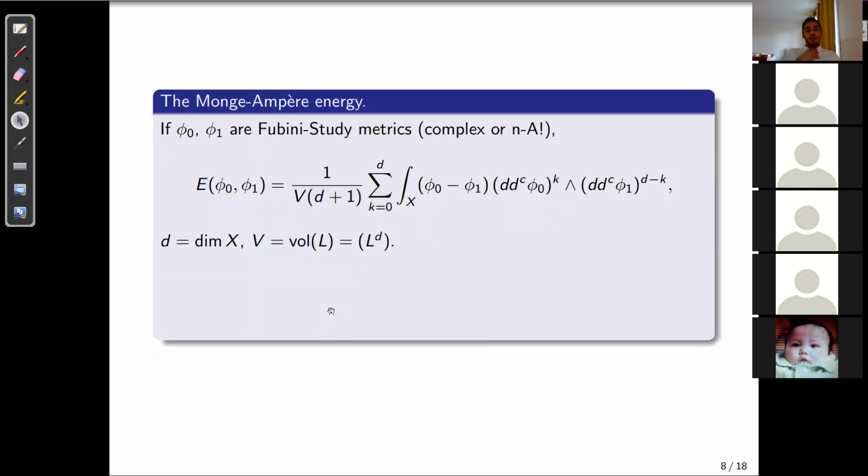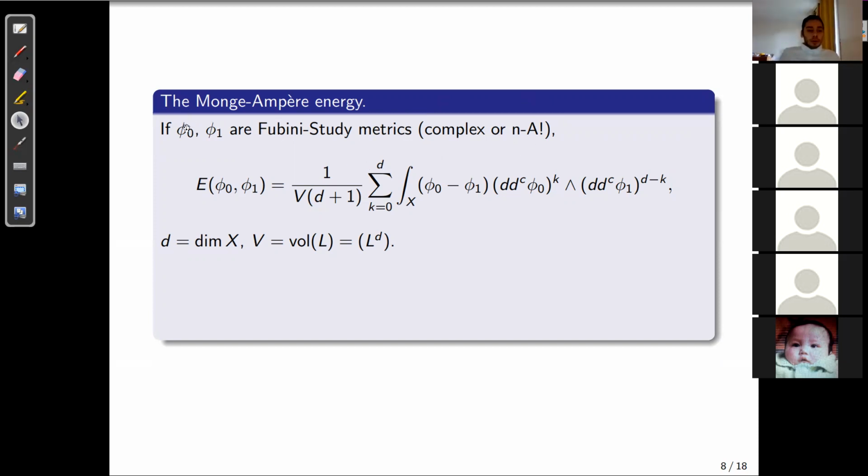Now we're going to define a quantity that's going to be very fundamental for us. And I mean to emphasize that due to the machinery we have developed so far, we can proceed exactly in the same way in the complex and in the non-Archimedean case.